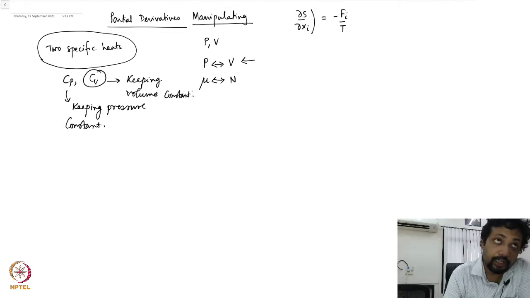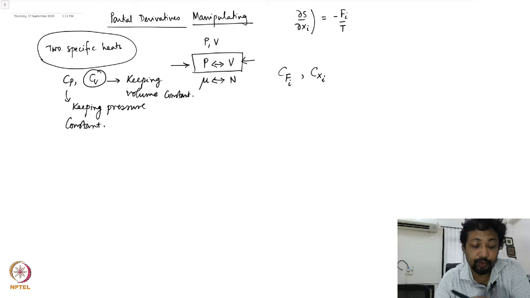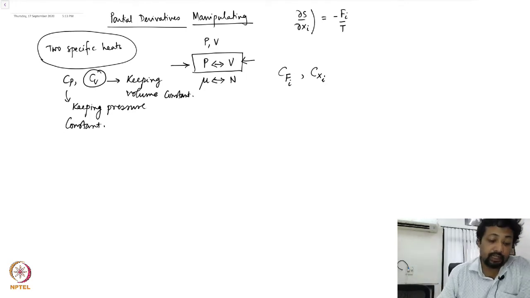For any arbitrary thermodynamic system, one can have Cfi and correspondingly Cxi. For a hydrostatic system, this is very easily experimentally accessible, and therefore one defines this. So now, first I want to find out what this ratio is, number one.